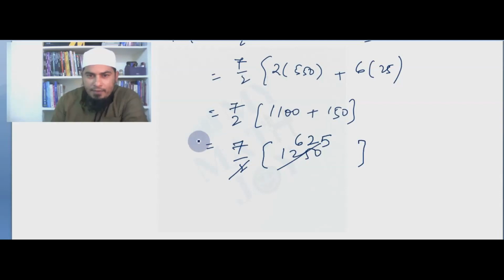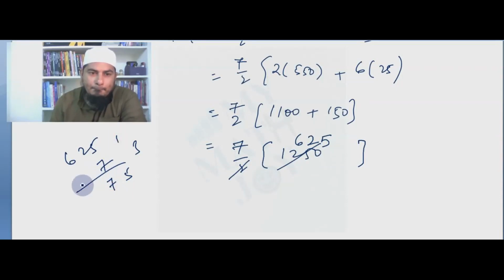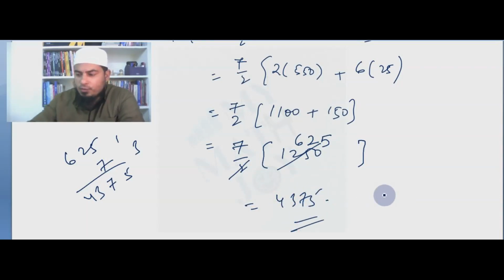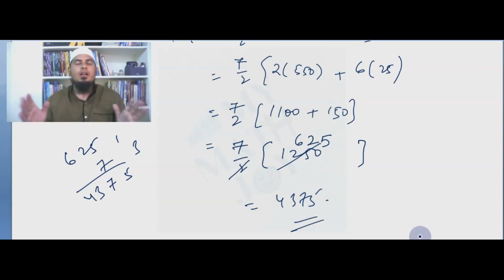You can multiply with 7 to get exactly the number. 4375 TV sets were produced by the company in the first 7 years.